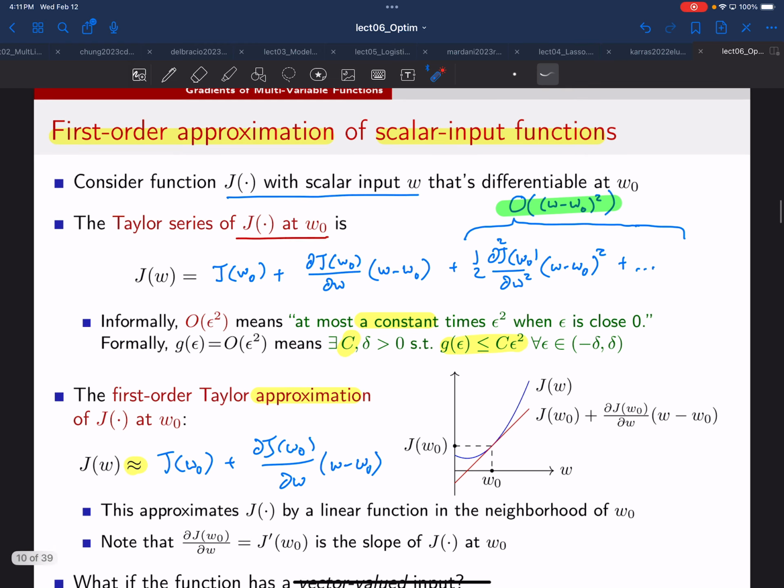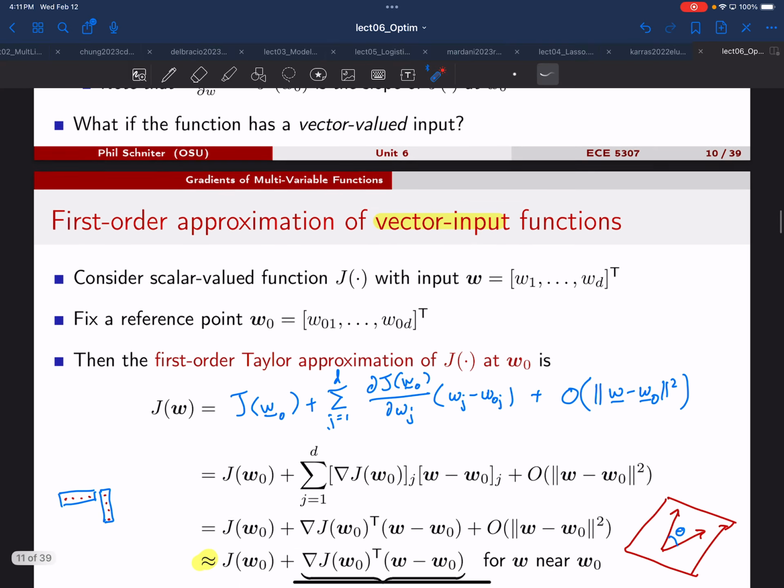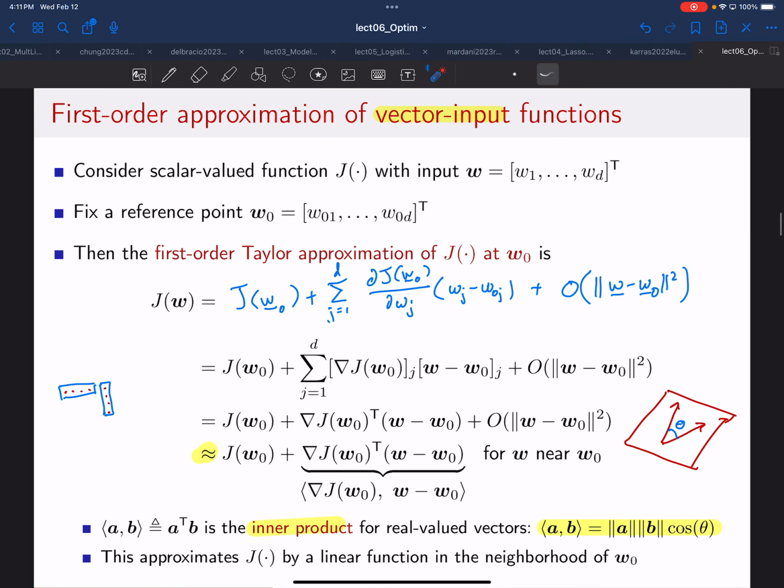We saw this first for scalar input functions. Then we repeated it for vector input functions. The only thing that changed was that when we do the Taylor series approximation, we have a sum of these scalar derivatives, and the big O term involves the norm between W, the vector, and its reference point.